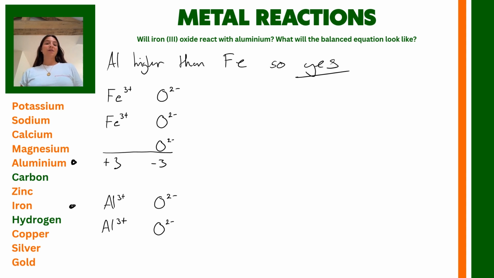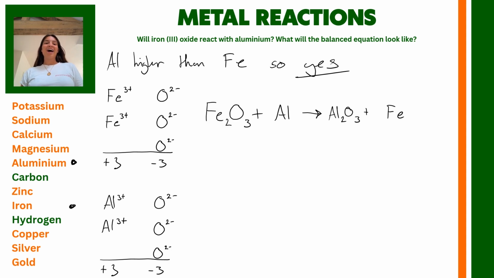Another aluminium, +6, -4, still not balanced. Another oxygen, and those charges are balanced with +6 and -6. So for iron 3 oxide, I needed 2 of my iron ions and 3 of my oxide ions.